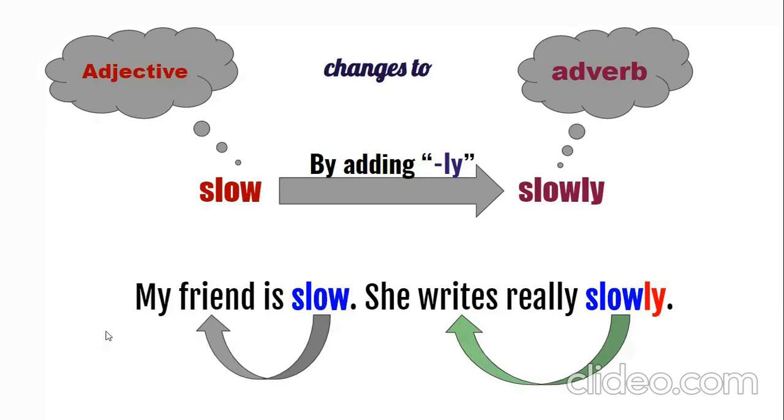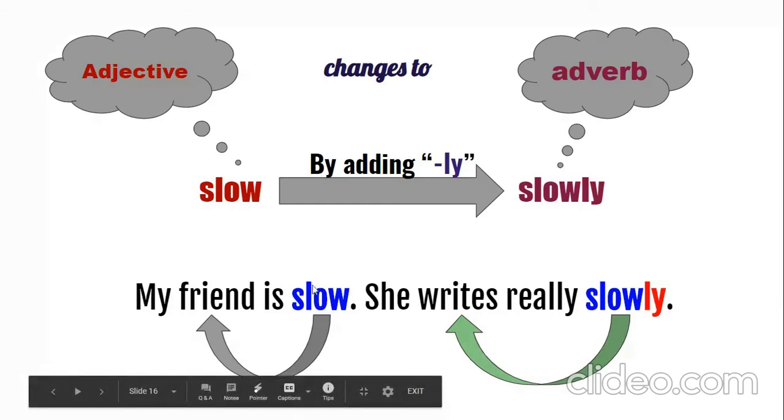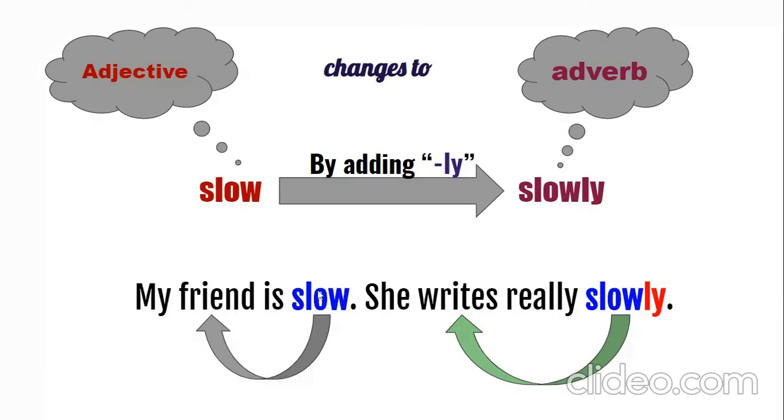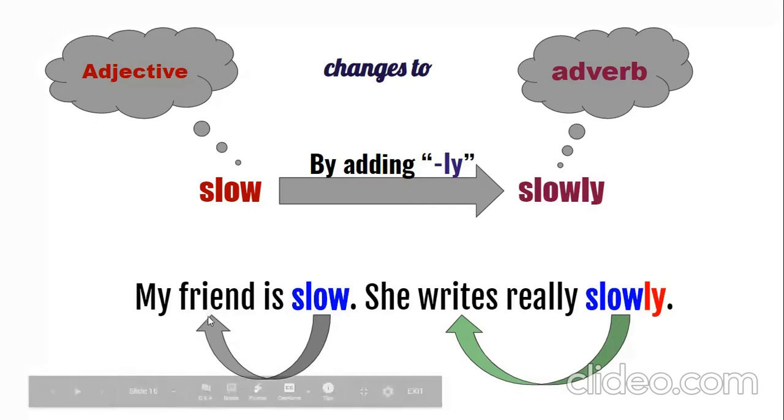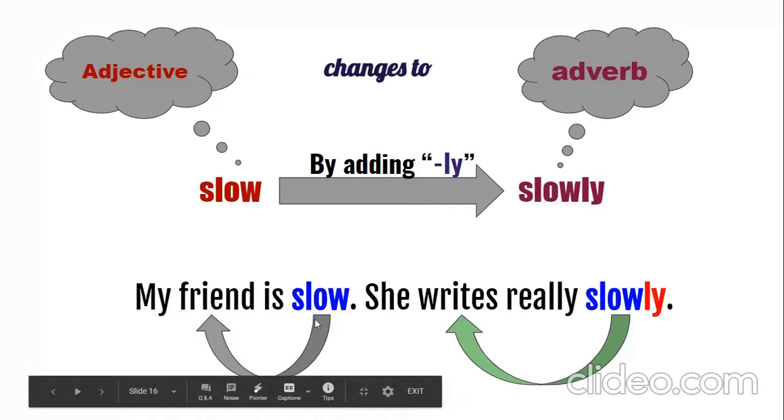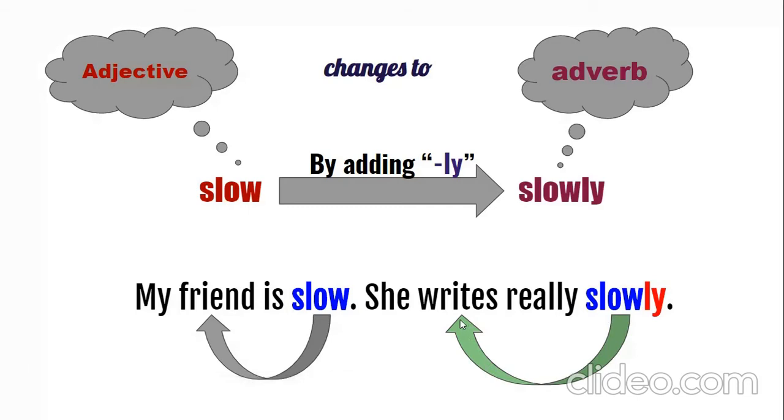On the first part of my sentence, the adjective slow is describing my friend. But here the adverb slowly is actually modifying my verb. So that is a really big difference.